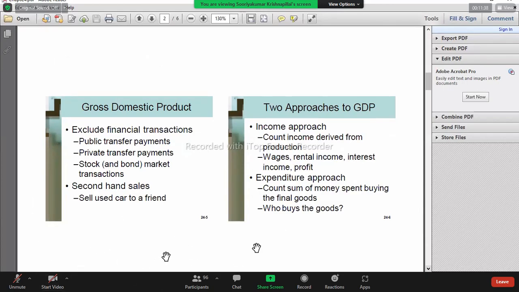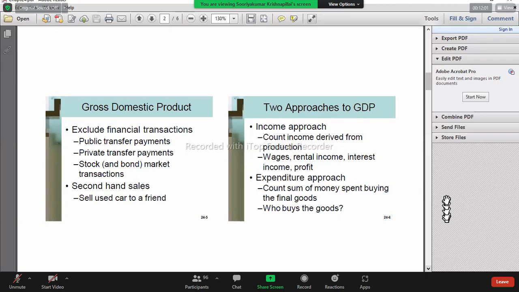But we should exclude any financial transaction like public transfer payments, where the government gives citizens or others some subsidy, transfer payment, or tax.